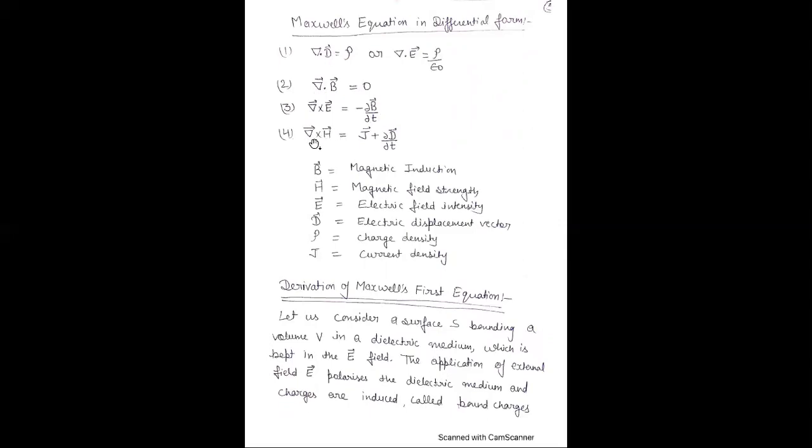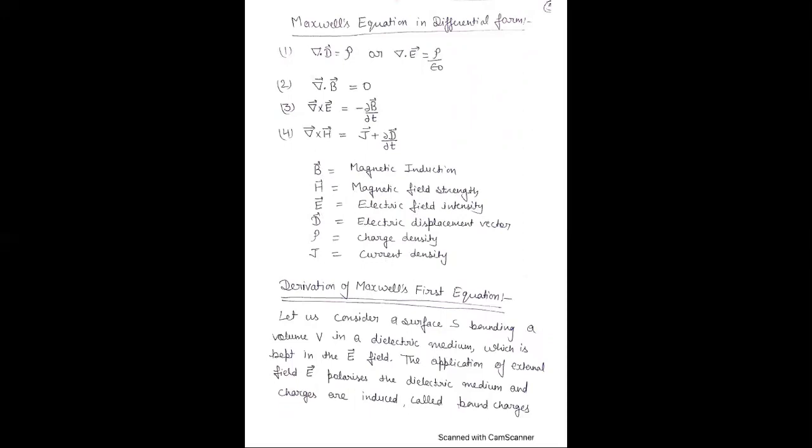And the fourth is del cross H, equal to J plus partial D by partial t. This equation is derived from Ampere circuit law in magnetic field. Here B is the magnetic induction or magnetic flux density, H is the magnetic field strength, E is the electric field intensity, D is the electric displacement vector or auxiliary electric field. H is also called the auxiliary magnetic field. Rho is the charge density, J is the current density.